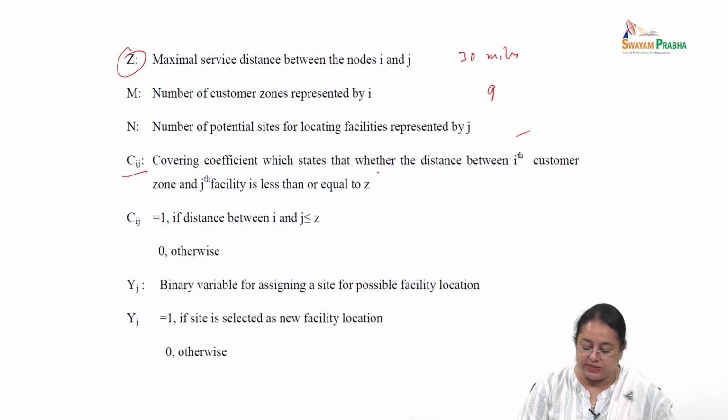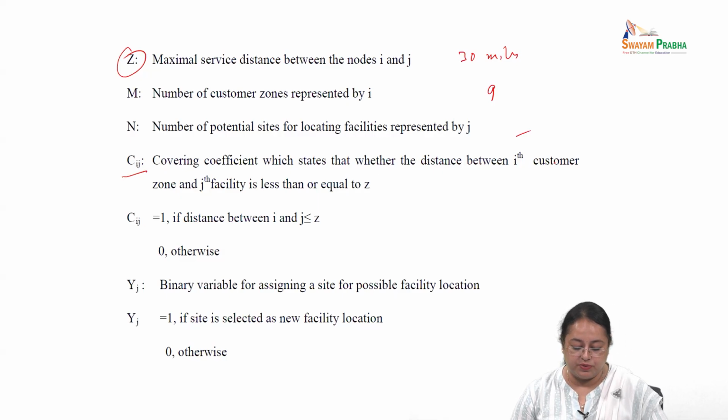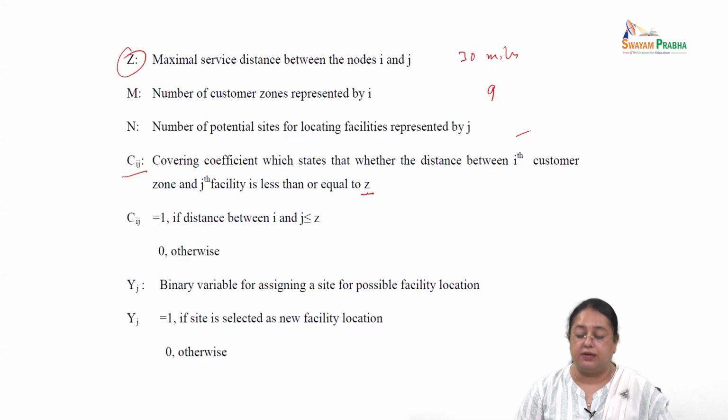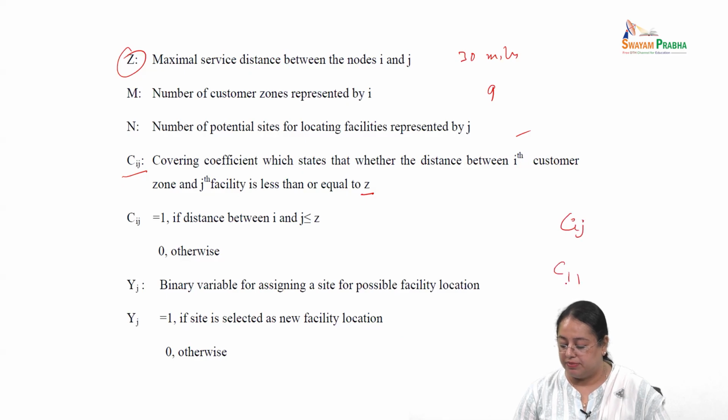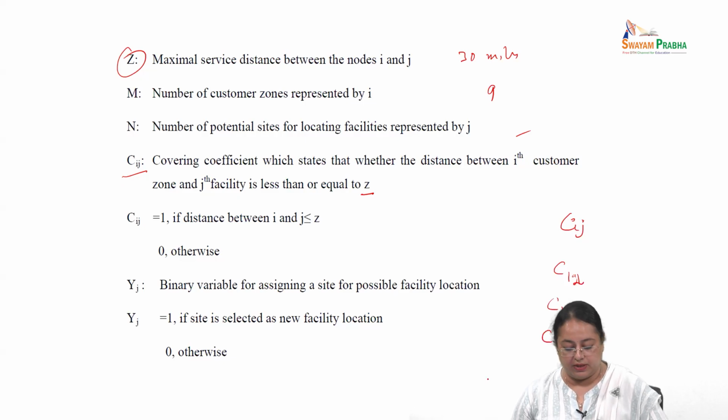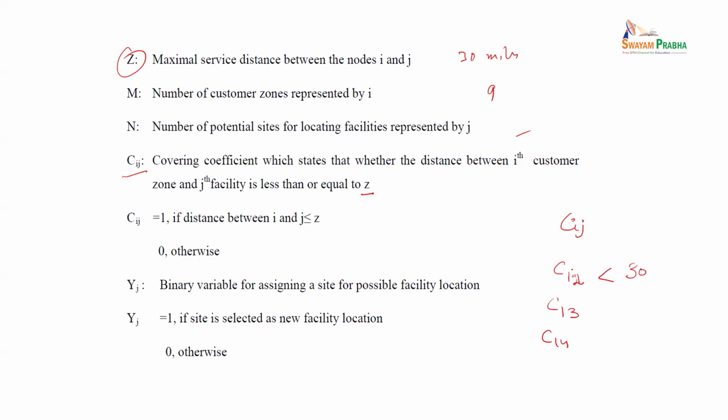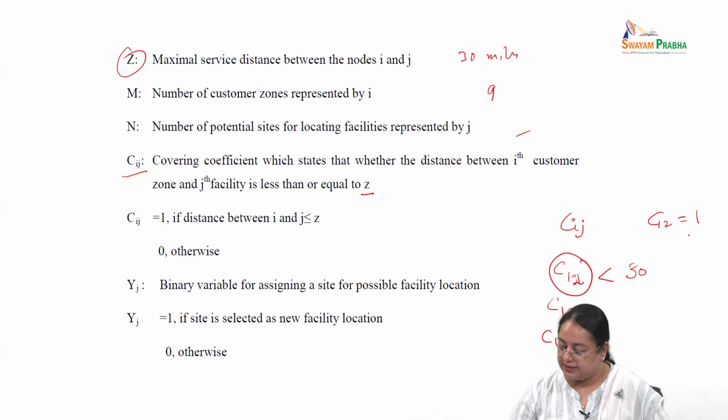Now, covering coefficient states whether the distance between ith customer zone and J is less than or equal to Z. For any combination between 1 to 2, 1 to 3, 1 to 4, if this is less than 30 miles, then Cij is 1. Otherwise, 0.